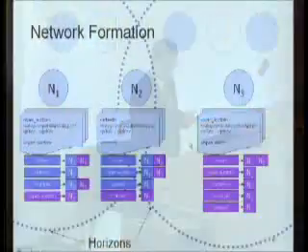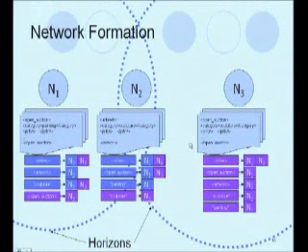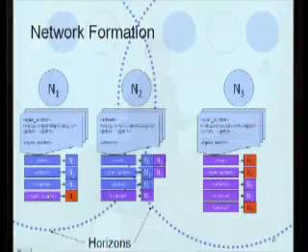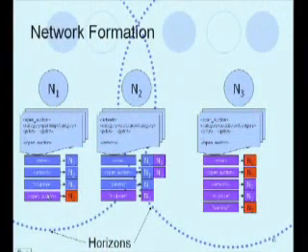So N3 has sculptures, and in the full index case, you can see it here. But in the horizon case, N2 thinks that sculptures are only present on N2. And N1 thinks that the sculptures are only present on N2.